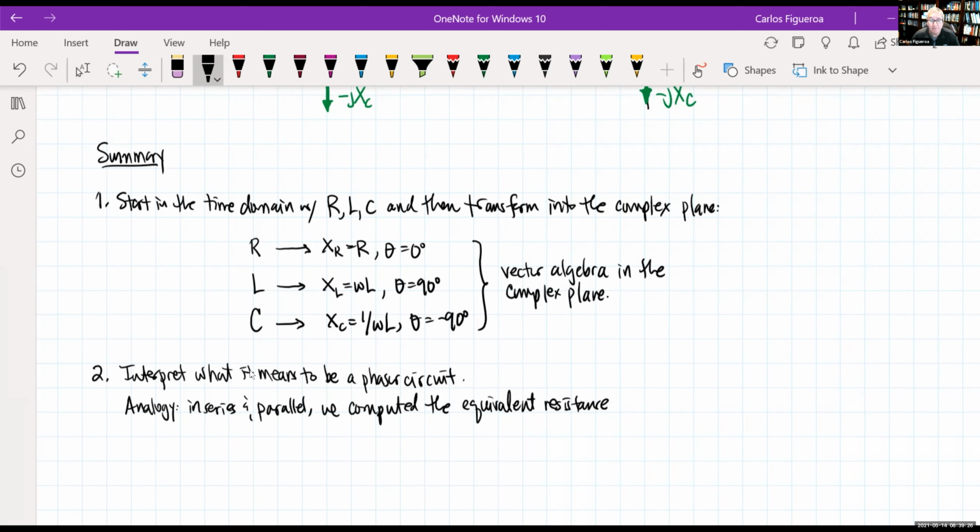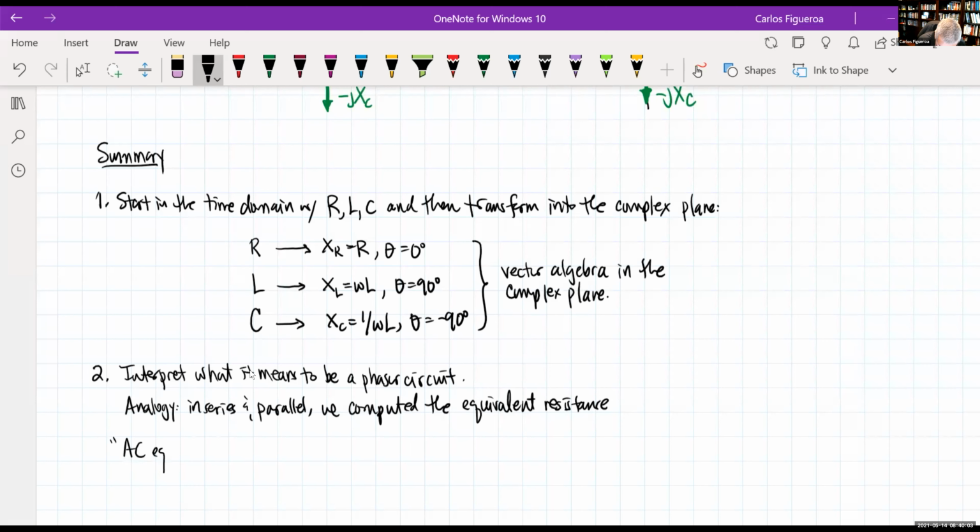And with the equivalent resistance, we could talk about it in the language of series, where we could use the series resistance with the voltage divider rule, or we could talk about the equivalent resistance of parallel circuits and use the current divider rule. What we find here is that we have the equivalent resistance.